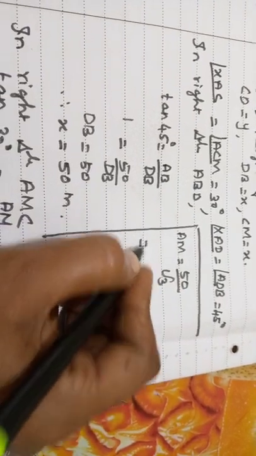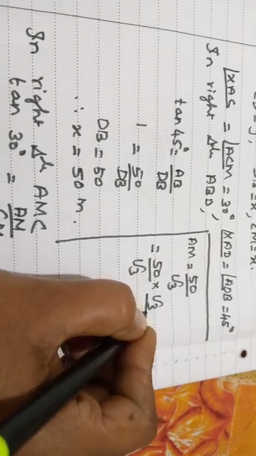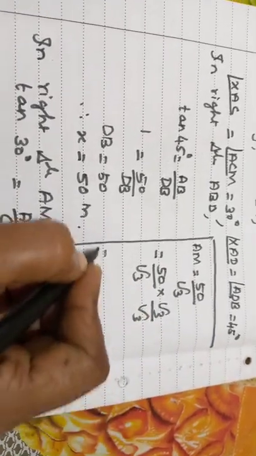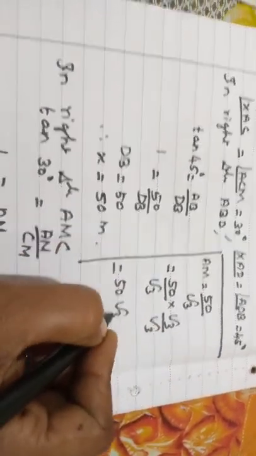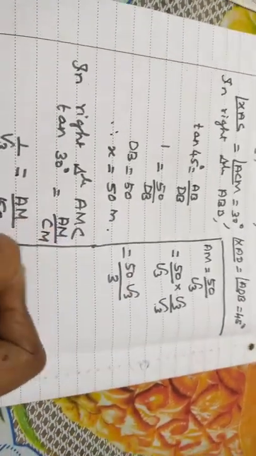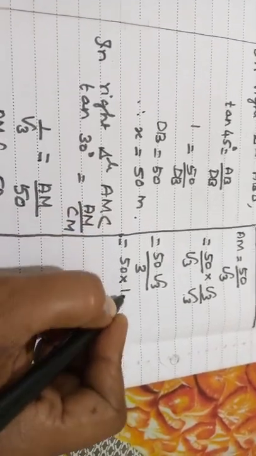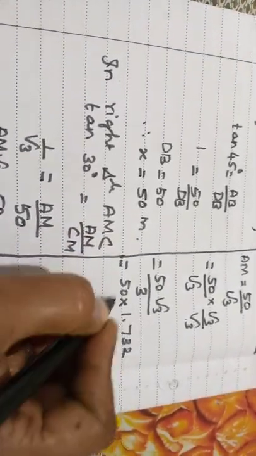Let's rationalize the denominator: 50 by root 3 into root 3 by root 3, which can be written as 50 root 3 by 3, since root 3 into root 3 is 3. Which is equal to 50 into root 3 value, 1.732, by 3.